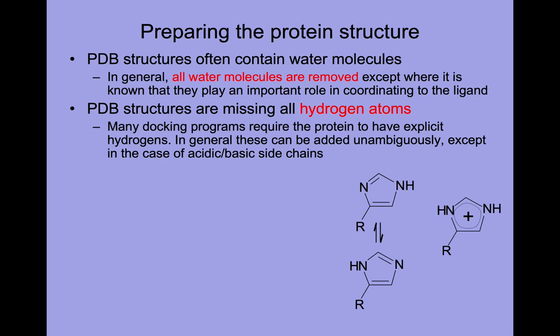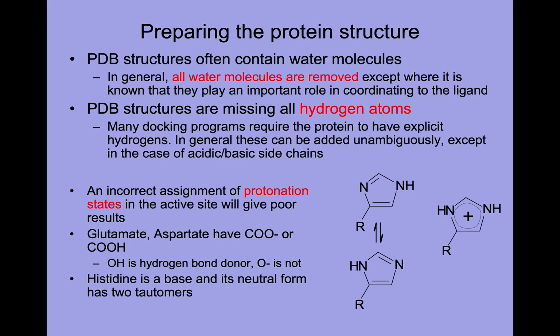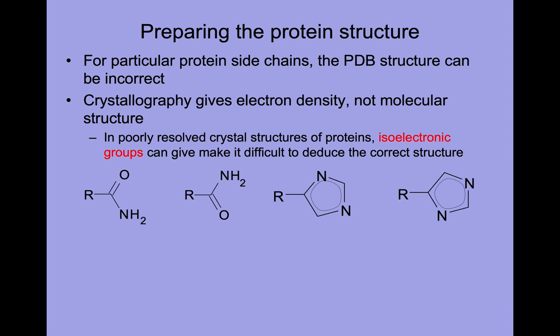Many docking programs require the protein to have explicit hydrogens. In general, these can be added unambiguously except in the case of acidic or basic chains. Maybe there are some incorrect protonation states, so you will have to change them accordingly.